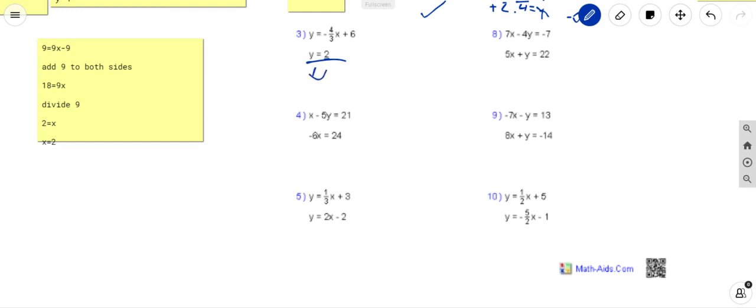x would be, so plug into here. So 2 equals negative 4 over 3 x plus 6. We'd have to subtract 6.